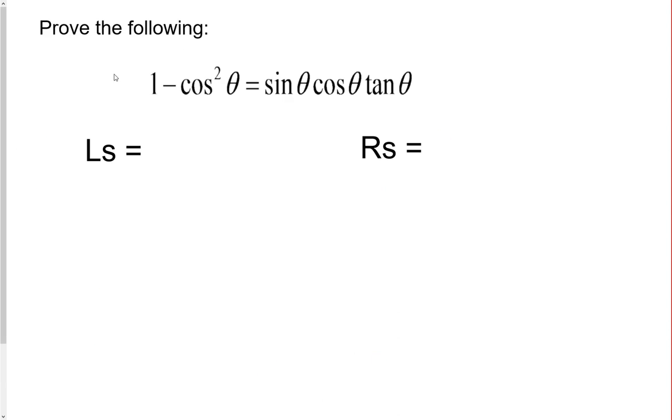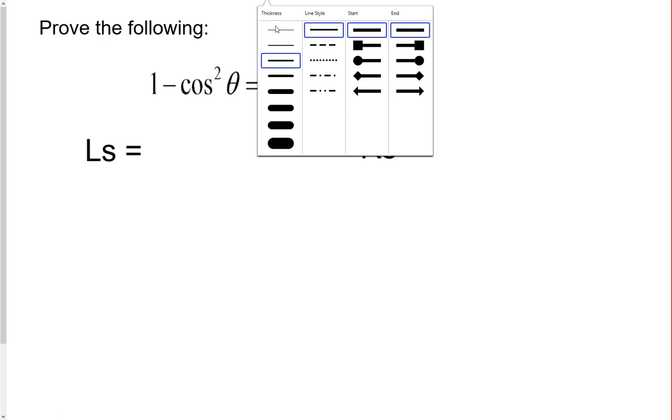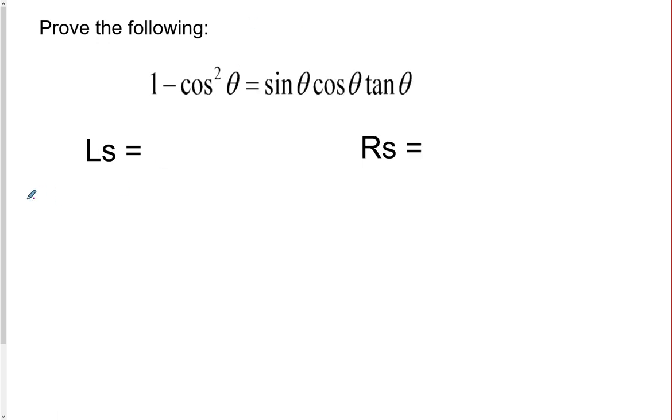Ooh, yikes. Okay, I have to prove that the following is true. Well, I could work with either side. I think I'm going to start by working with my left side, and I'll see where I get. So my left side is 1 minus cos squared theta.